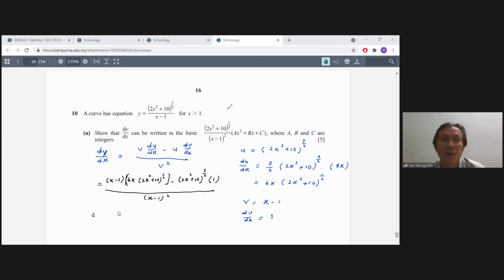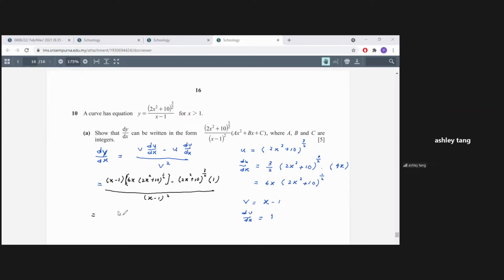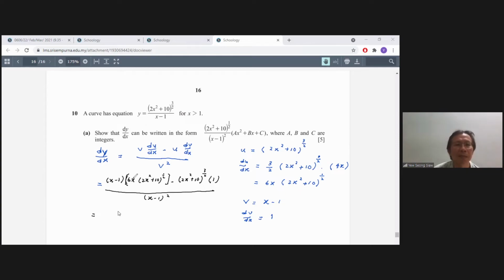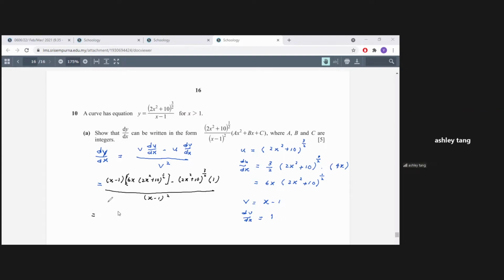How to simplify this? How do you simplify? You multiply this and this first. 6x and this one you combine together. 6x squared minus 6x. Yes.